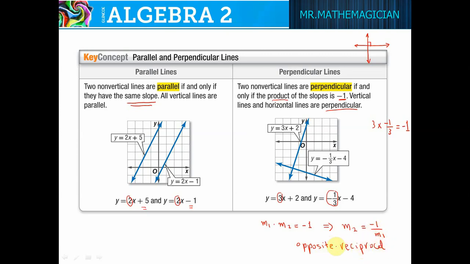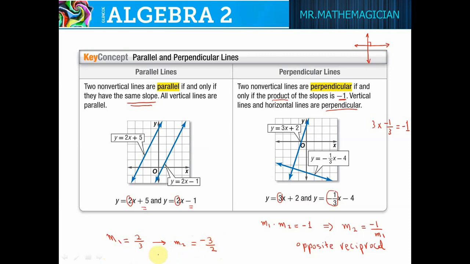Opposite reciprocal. What does it mean, opposite reciprocal? For example, if I have the slope m1 as 2 over 3, so m2 in the case of perpendicular will be the opposite reciprocal, means make it negative and flip, so it will be negative 3 over 2, and so on.